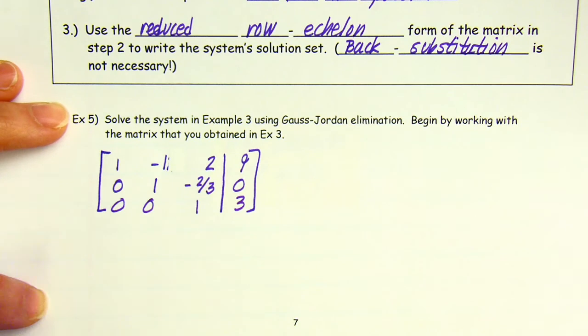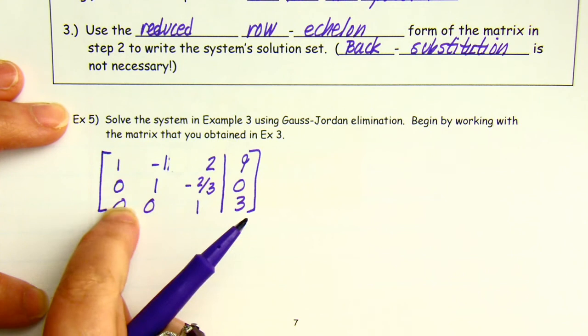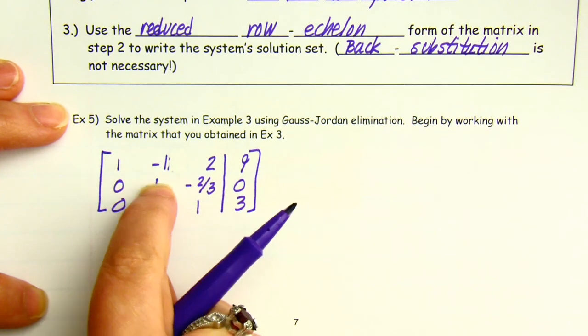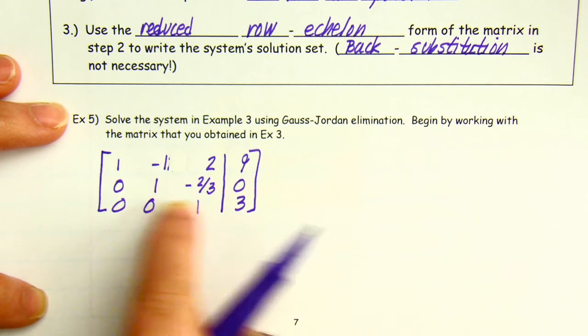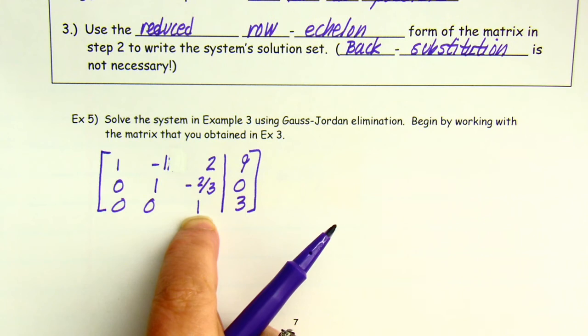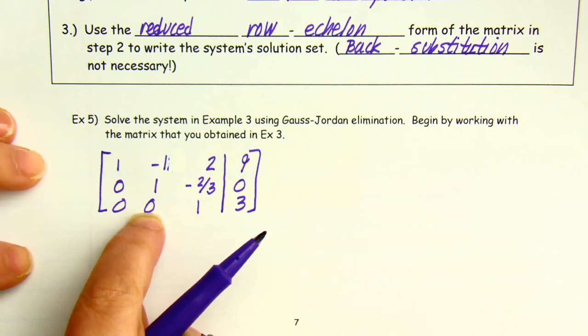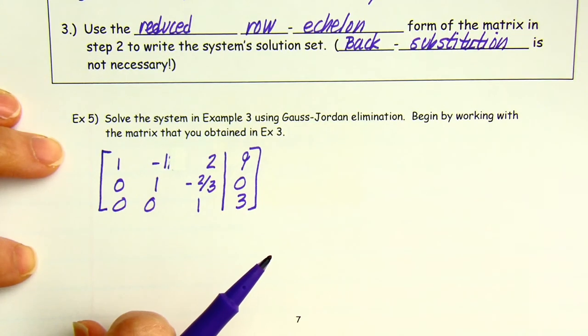Okay, so we started by getting a 1 up here. We used this 1 to get those zeros. Next thing, second row, second column, we get a 1. Use that 1 to make that be a 0. Third row, third column, we got a 1. The matrix is in row echelon form with 1s down the diagonal and 0s underneath. We're going to continue to put this in reduced row echelon form.